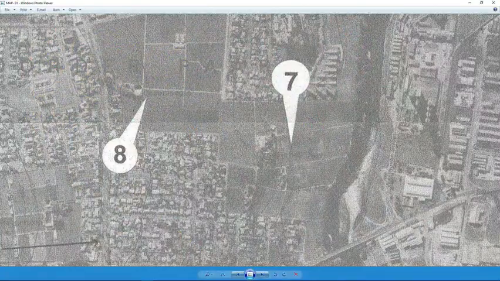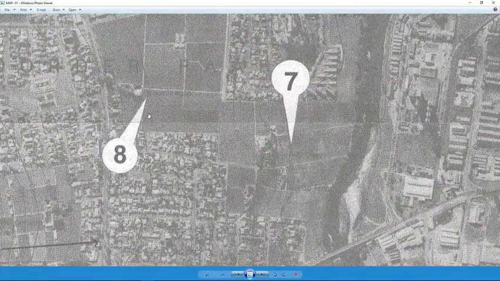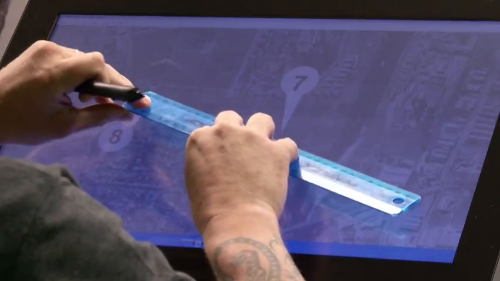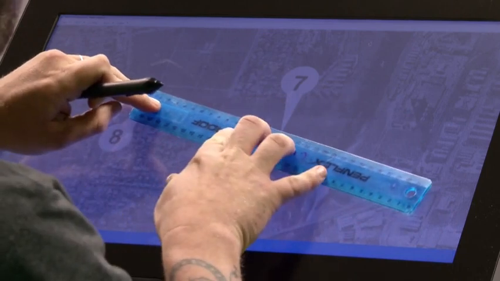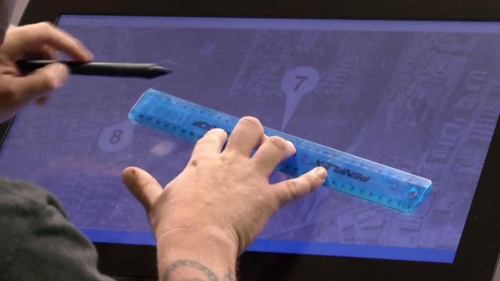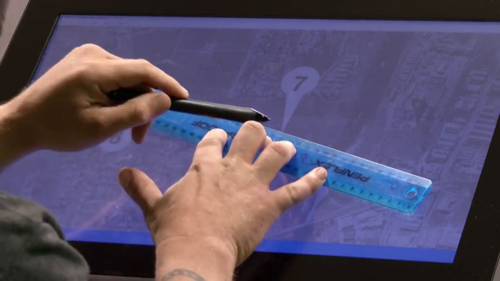Now let's say, for instance, the question states, calculate the distance from 8 to 7 on the orthophoto in kilometers and meters. You take a ruler, you measure the distance. As you can see, it's 14 centimeters.